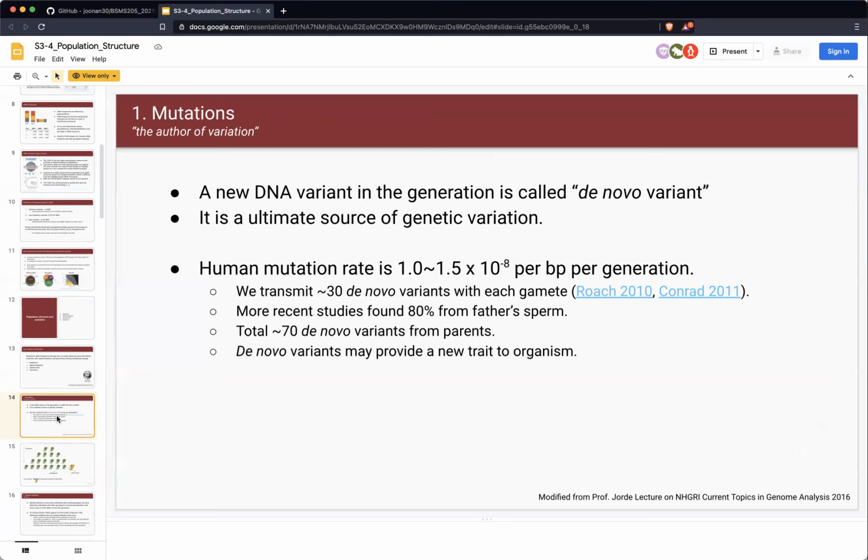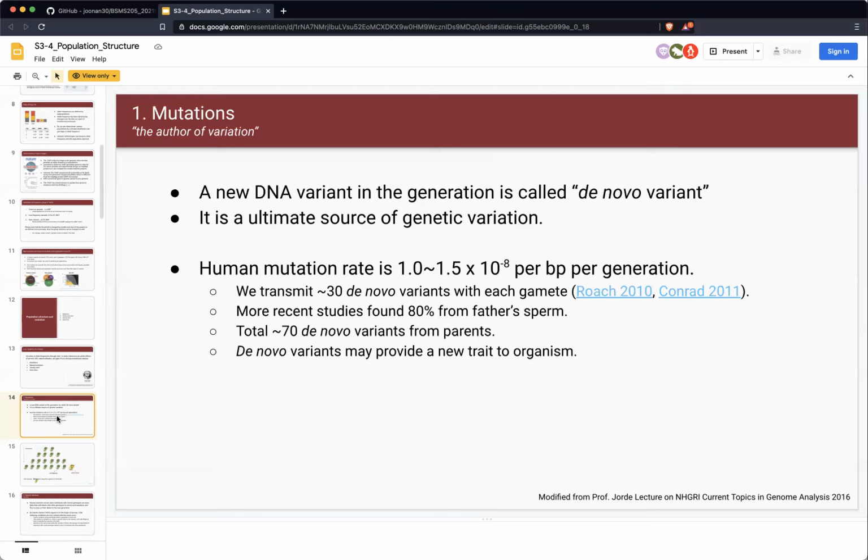So if you think about the human mutation rate, this is about 0.0 to 0.5 times 10 to the minus 8 per base pair per generation. So this is about 70 de novo variants per individual, which is 30 de novo variants with each gamete.